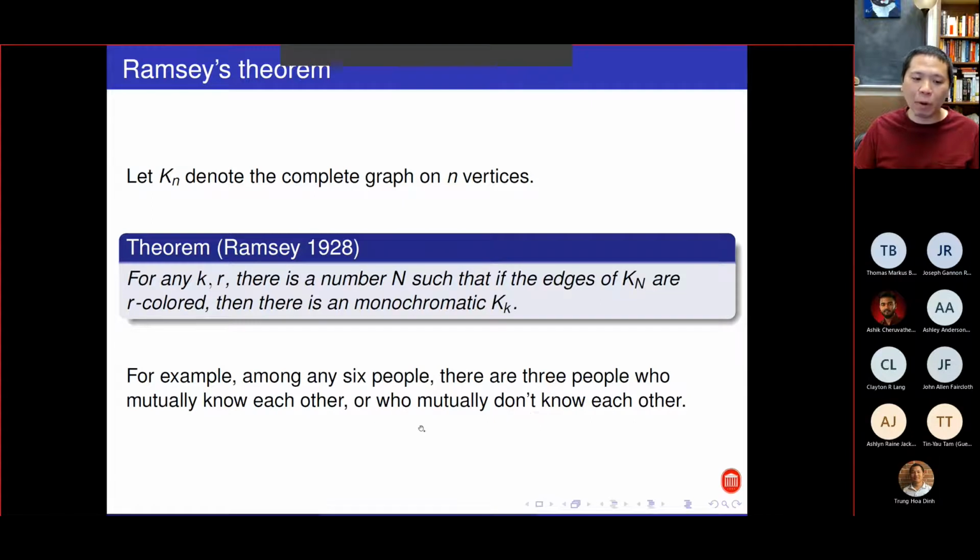If 2 people know each other, then we color the edge by one color, say red. If they don't know each other, then we color it by, say, blue. This statement says that in the case of 6 vertices, if you color the edges by 2 colors, then you can find a red triangle or a blue triangle. All right, any questions so far?